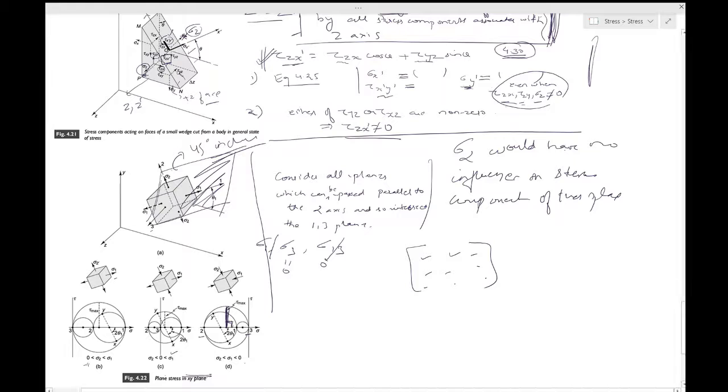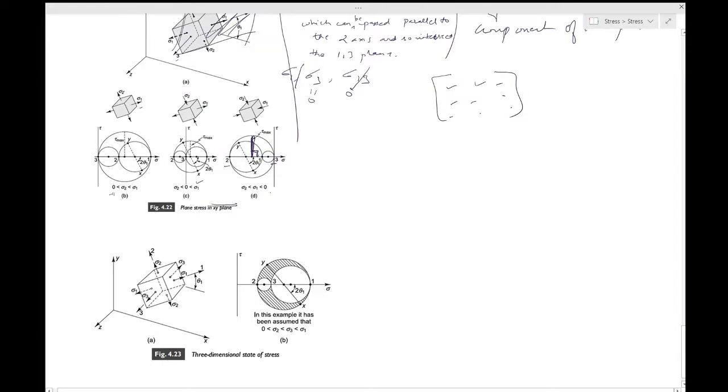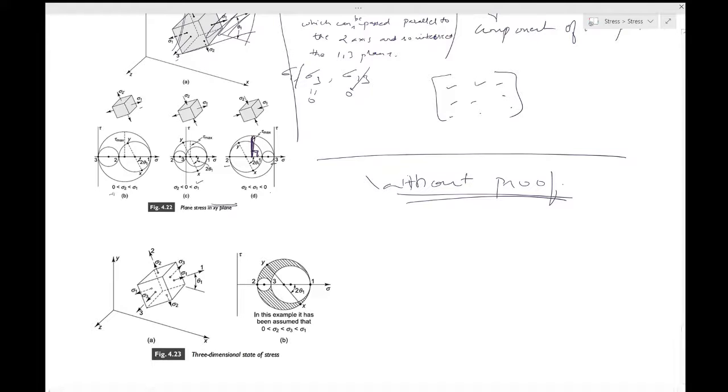Now the last part, which we finish off with a comment: returning again to a general state of stress, we assert without proof, because it is normally dealt with in advanced courses like linear elasticity and advanced solid mechanics, that at each point within a body there are three mutually perpendicular planes.